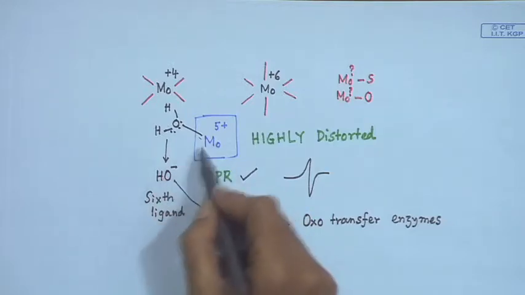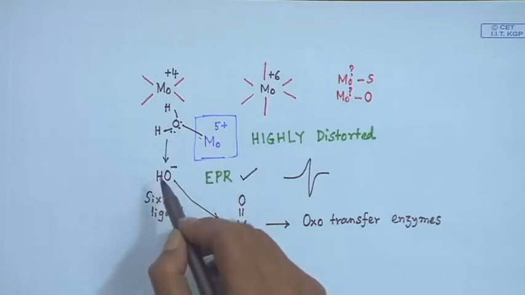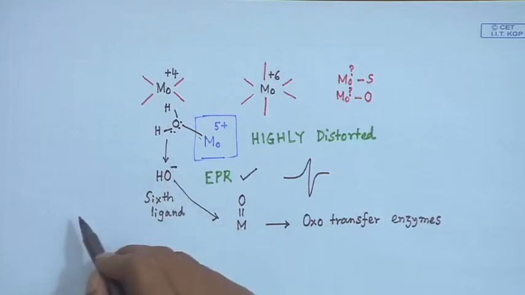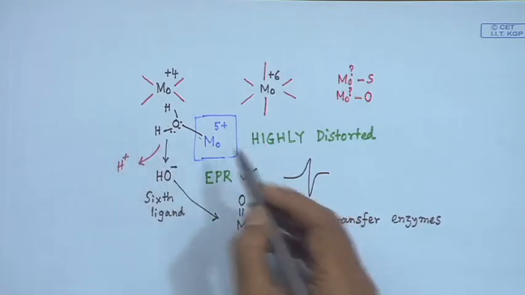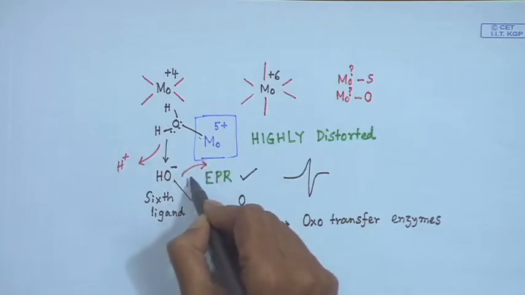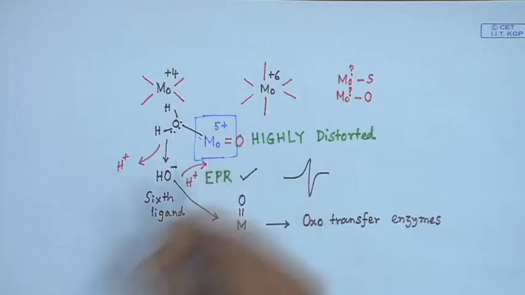because once we establish this molybdenum hydroxide bond, further deprotonation, if again one H plus is moving, because here one H plus is moving, if in the second step another H plus is moving, we get a molybdenum oxo species.